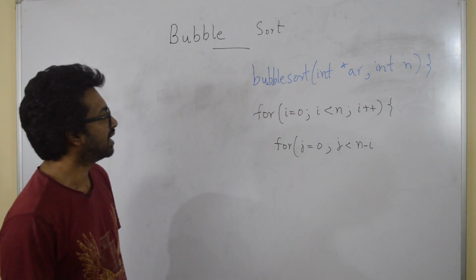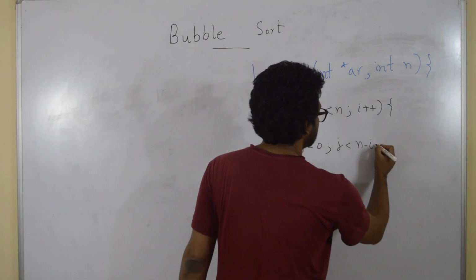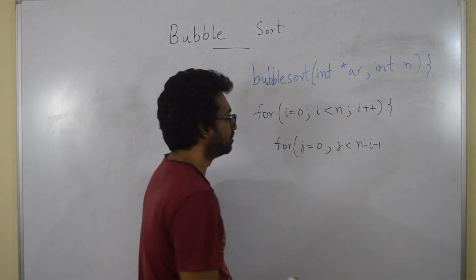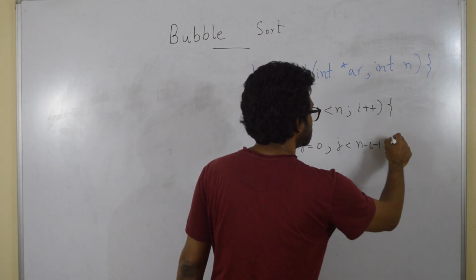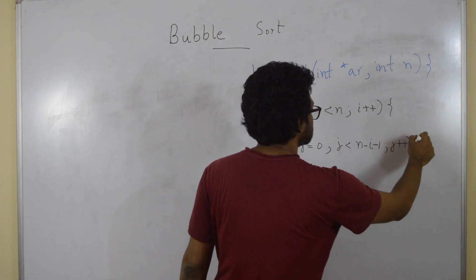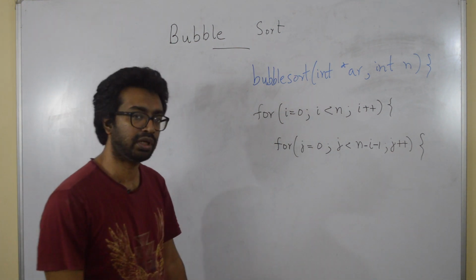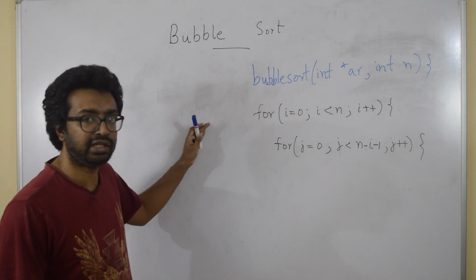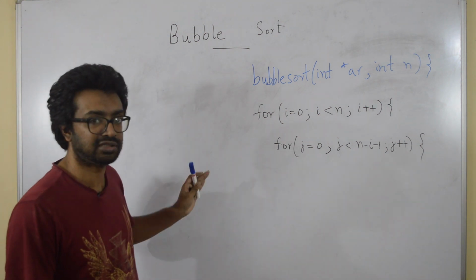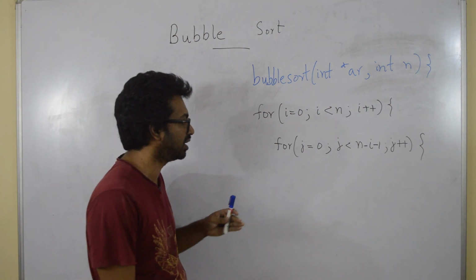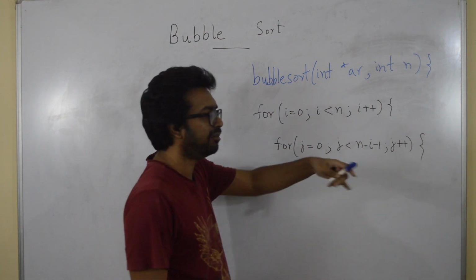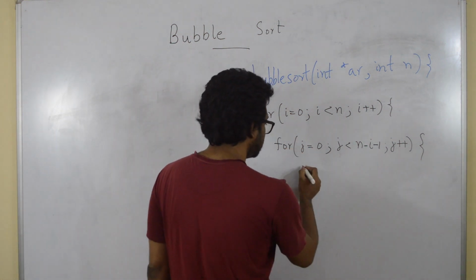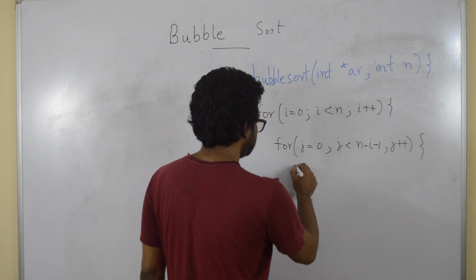Only till n minus i minus 1, because in the first pass it has to go till the end, in the second pass it has to go till only the second last position, and third pass the third last position, etc. So that is why there is this n minus i, and minus 1 is there because I'm going to consider 2 consecutive positions. So let me write that.